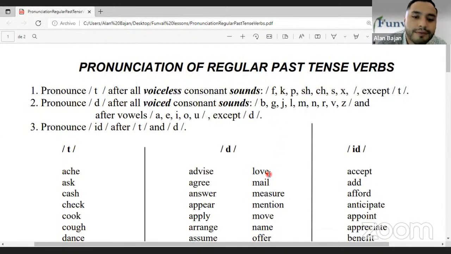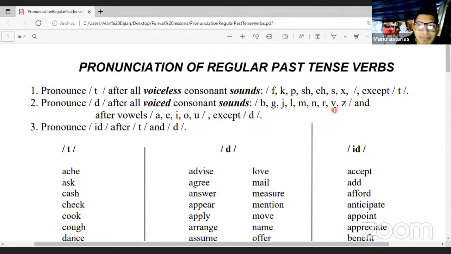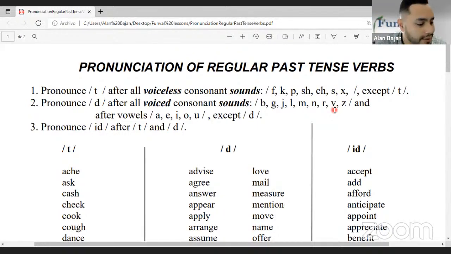Love. What is that sound, class? V for Victor. V as in Victor, right? So it's loved. Mail.